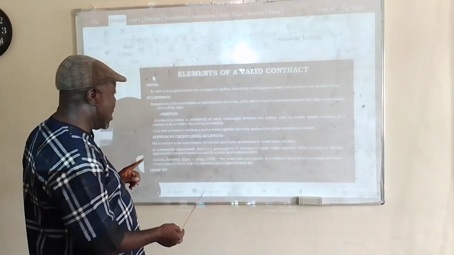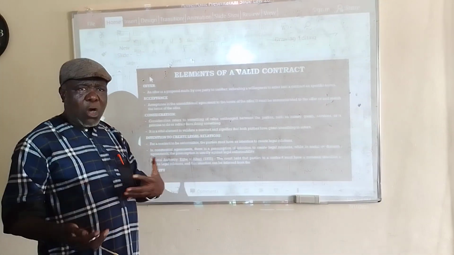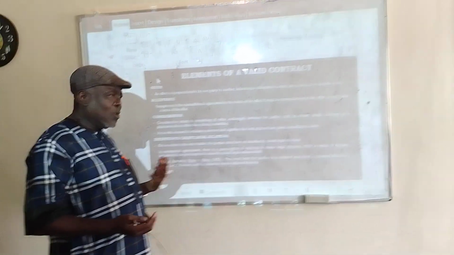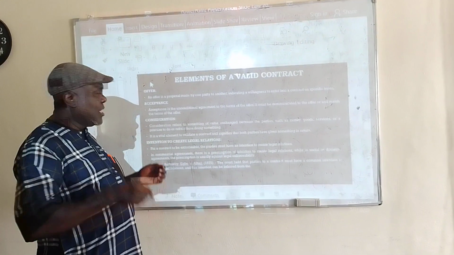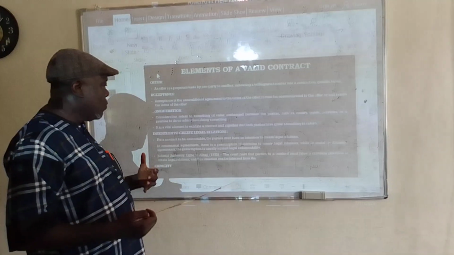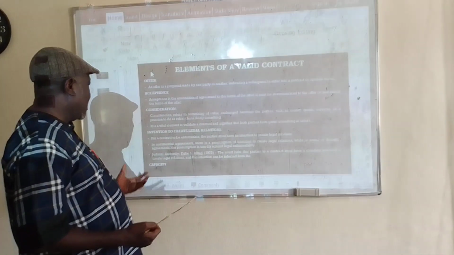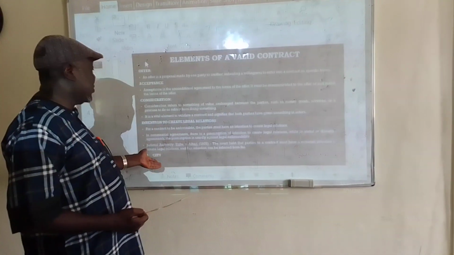And this intention can be inferred from the conduct of the parties. You don't need to write, you don't need to do anything for us to infer that you intend that this relationship should be what? Should be legally enforceable. That is what the court held in the case of Egbe versus Alhaji.